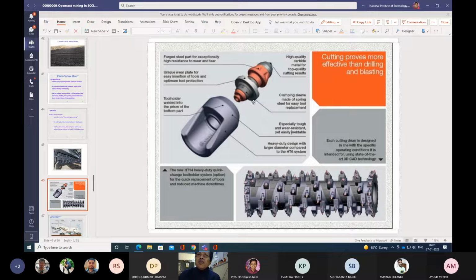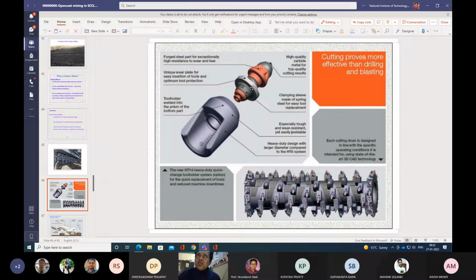And at the bottom, there is a clamping sleeve, made of spring steel for easy tool replacement. So after this cutting pick is damaged, you should be able to take it out and replace it with a new pick. This is the clamping sleeve made of spring steel for easy tool replacement.